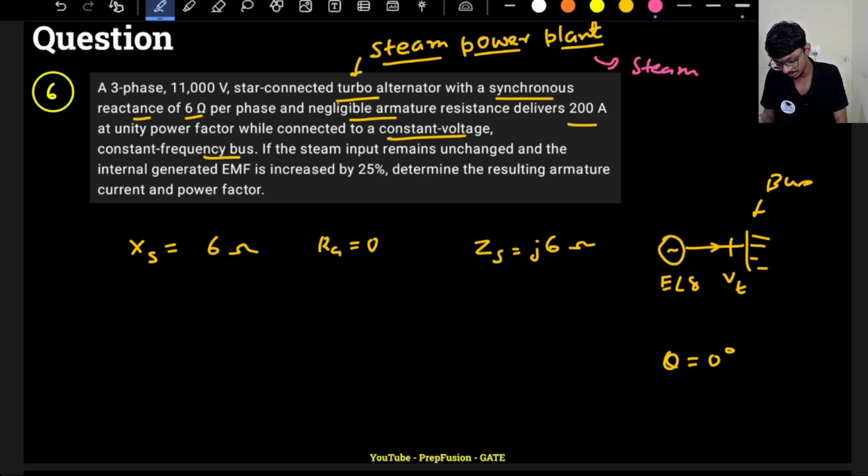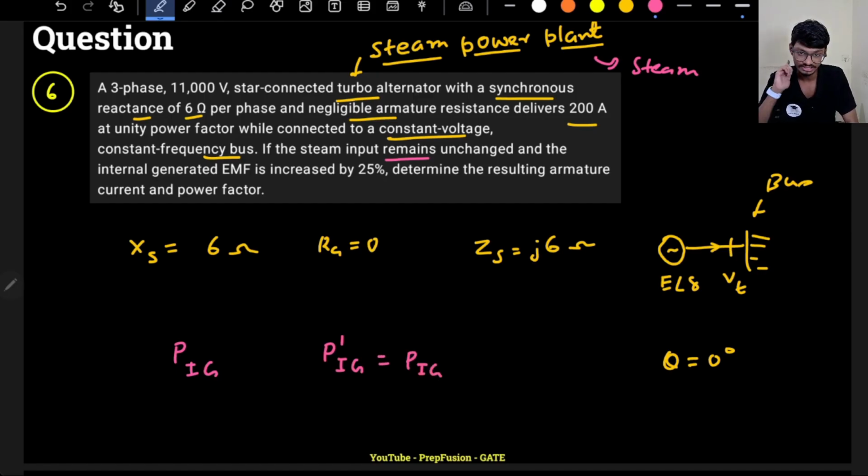They are telling me the steam input is unchanged, so the input power of the generator is unchanged. If initially the input power to the synchronous generator is Pig, now it is Pig dash, and Pig dash is the same as Pig because the input steam is not changing.